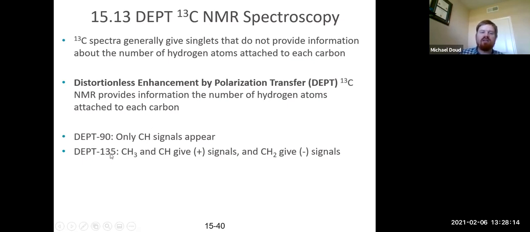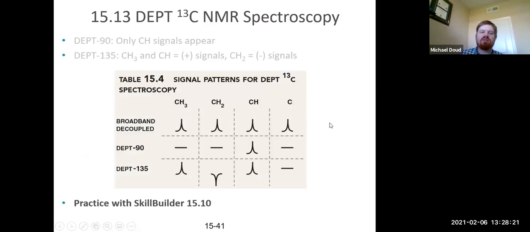If you use DEPT 135, you get CH3 and CH as positive signals, and then you see CH2 with the negative signals. You use the normal one and get all of these with positive peaks, then use a DEPT 90, which shows you specifically the CH peaks, then use that in conjunction with DEPT 135: the CH3s are positive, CH2s are negative, and CHs are positive. Okay, again, we're not going to use that.